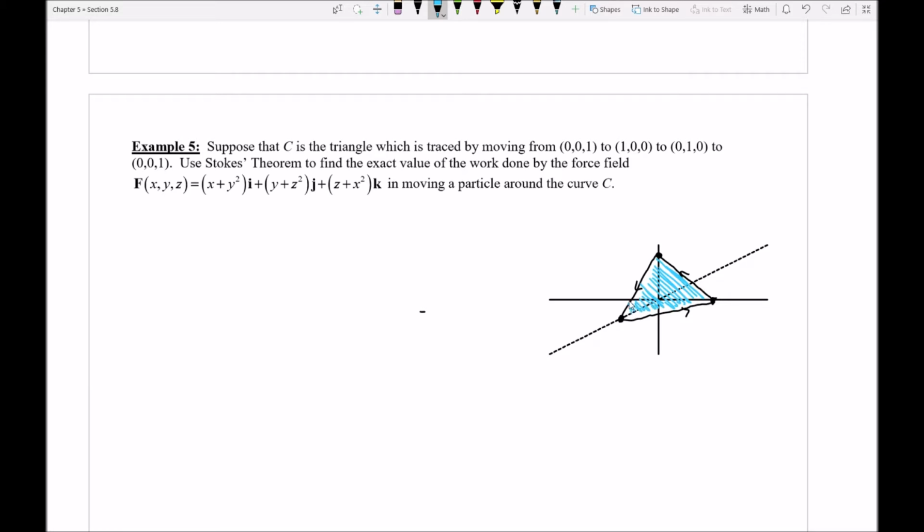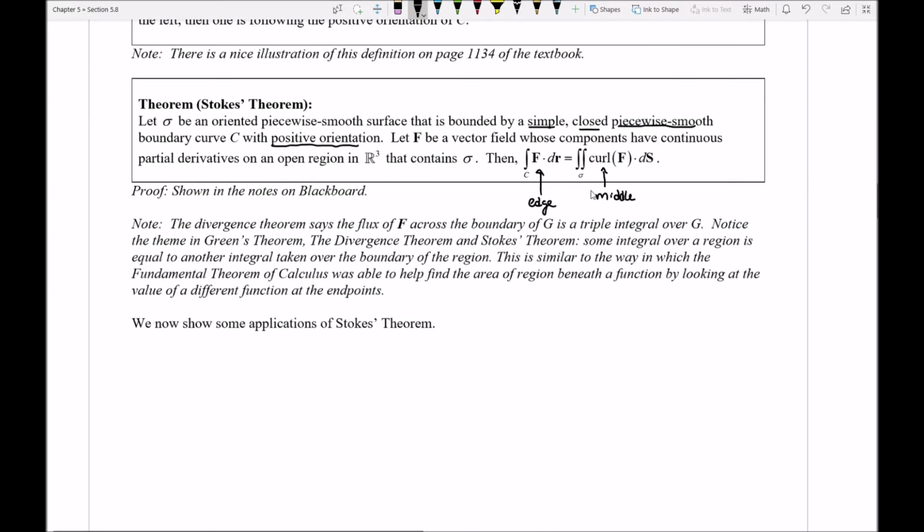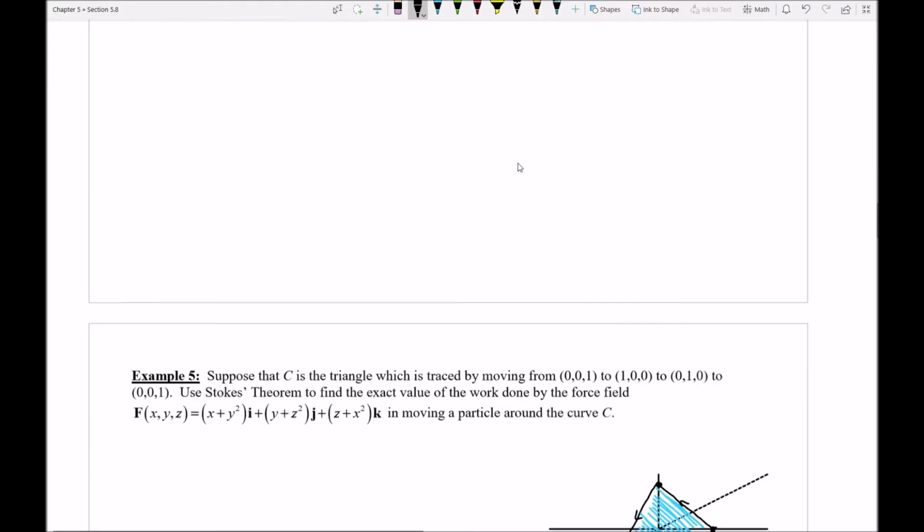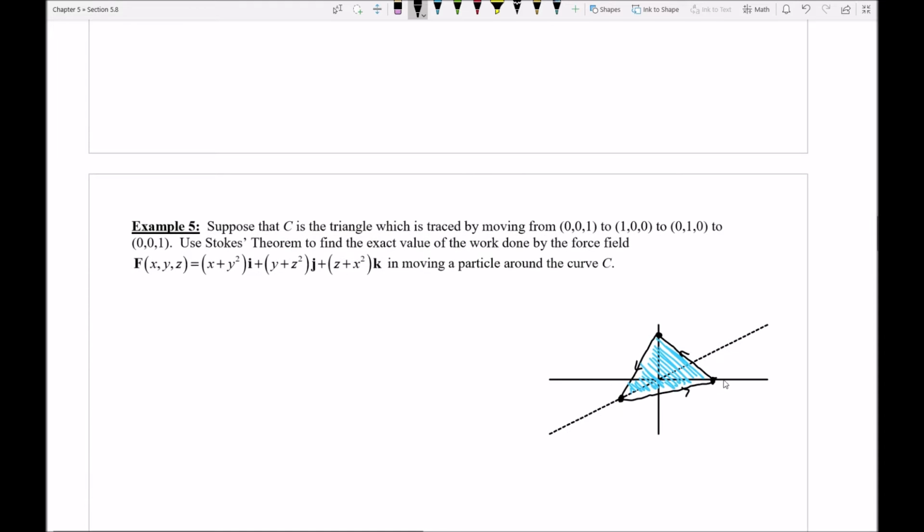Okay, now what I'm interested in calculating on this question is apparently the work that it takes to go around this curve, or the work done by the force field in pushing a particle around this. Stokes' theorem would allow us to say that if we want to compute that, we could, instead of computing the direct work integral, which again would require parameterizing each one of these individual sides, and then calculating a line integral along the slant, and then the horizontal, and then the slant again.